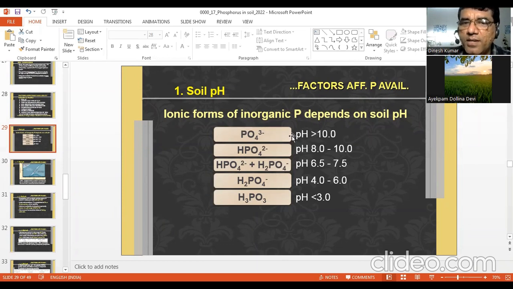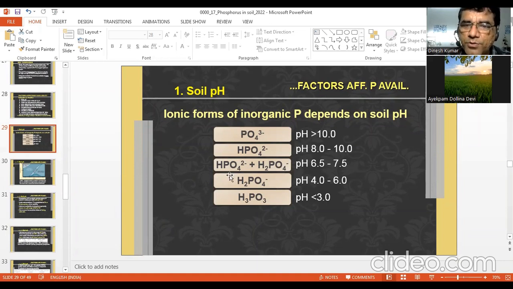And HPO4, divalent, dominates at pH 8 to 10. And both HPO4 and H2PO4 are roughly equal at about 6.5 to 7.5.